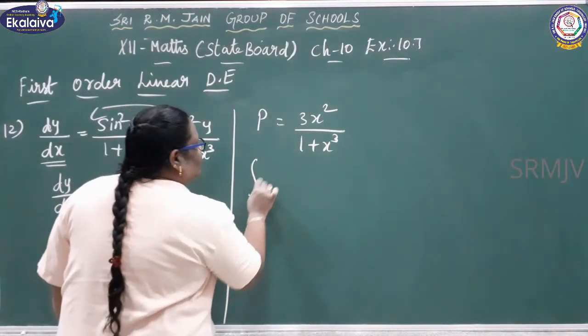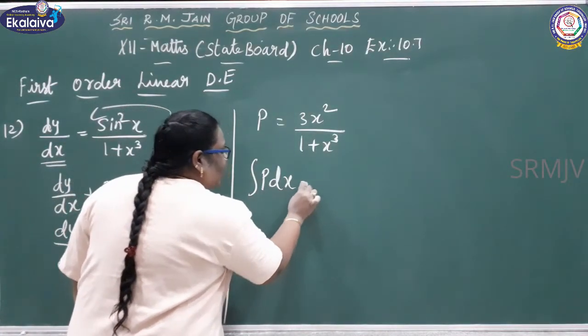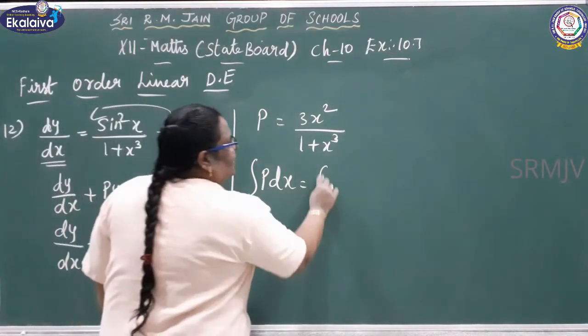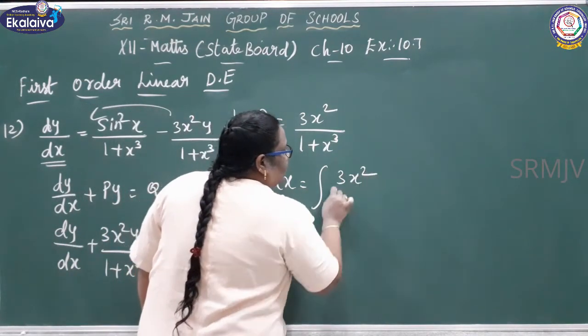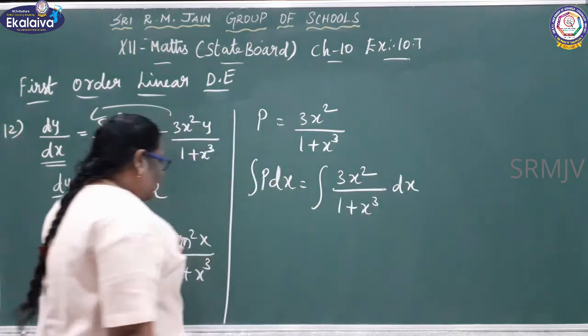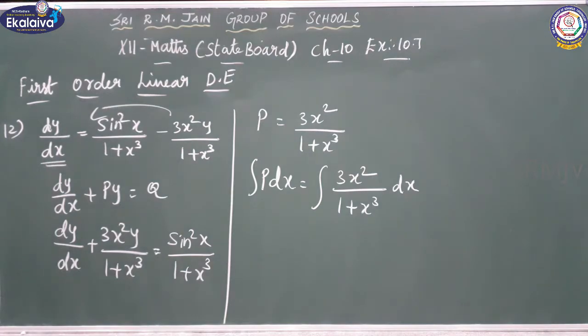We want the integrating factor, so we need integral p dx. Integral p dx equal to integral 3x square by 1 plus x cube into dx. What is the value of q?